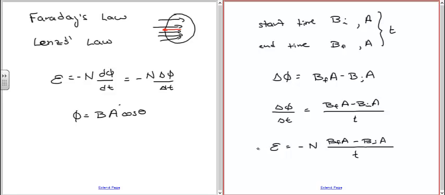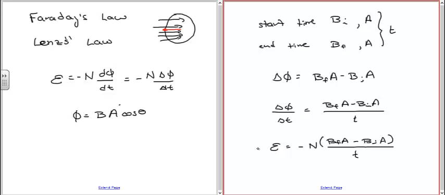Now, what about signs? Well, again, Lenz's law ultimately would tell us which direction this is going. So we're not going to worry too much about the signs. You just have to do this calculation. Again, make sure that magnetic field strength is in Tesla, area is in meters squared, time is in seconds, loops is in loops.